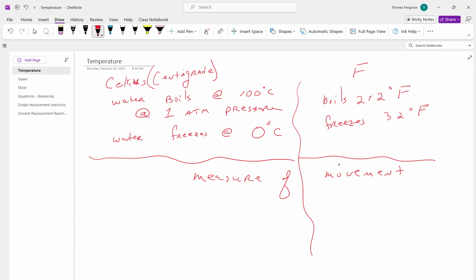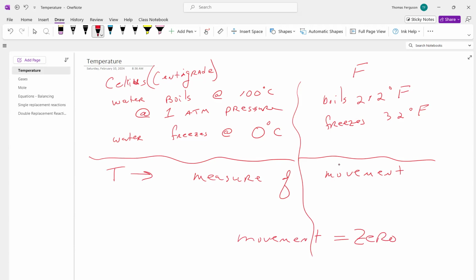So what happens when it doesn't move? If temperature is a measurement of movement, then if movement is 0, that means all movement is stopped.